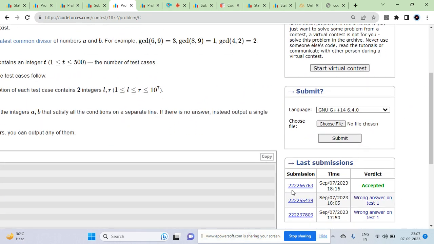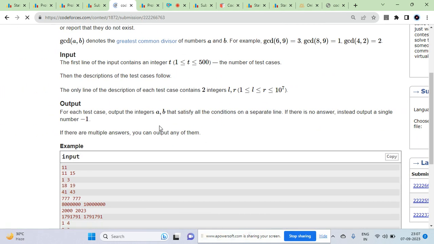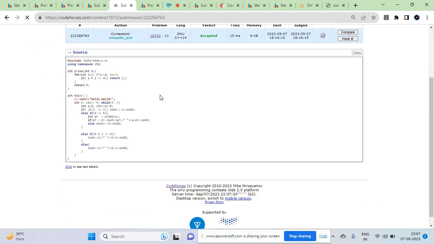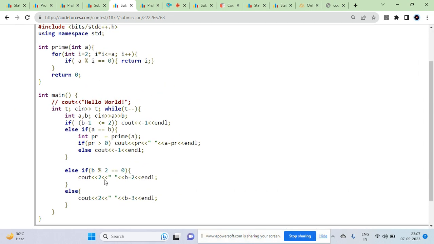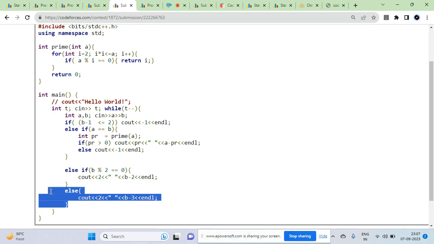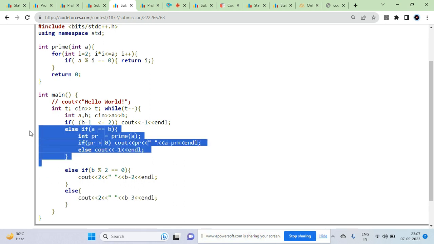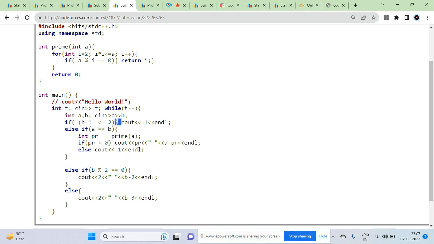So this is the whole code I just described. If r is even, fine. For l equal to r, I have put it like this: else if b mod 2 is fine, else do this. This is the part when l is not equal to r. I'm handling l equal to r above, and I think this was unnecessary, but it's an edge case: if b is less than or equal to 3, then the answer is minus 1.